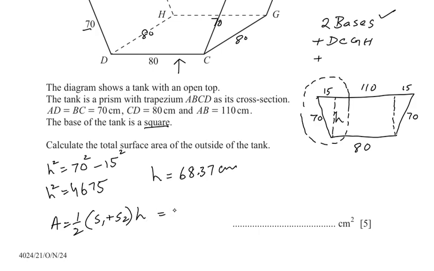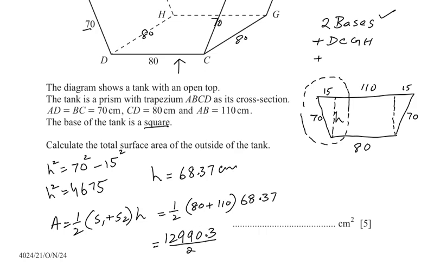Putting these values, we get 1 by 2, and S1 is 80 and S2 is 110 as given in this question, and h we have found already. It is 68.37. Now, solving this, we get 12990.3 divided by 2.